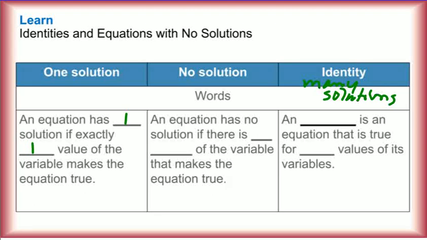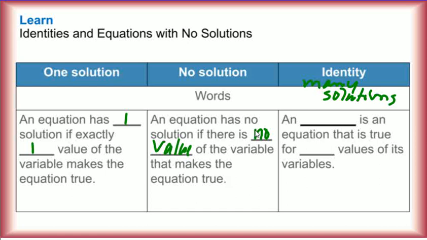An equation has no solutions if there is no value of the variable that makes the equation true. This means I can put any number in there and it won't make sense.